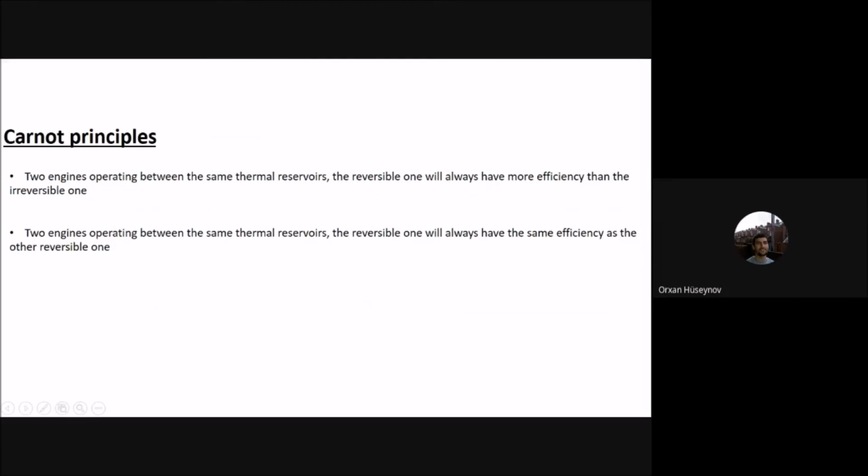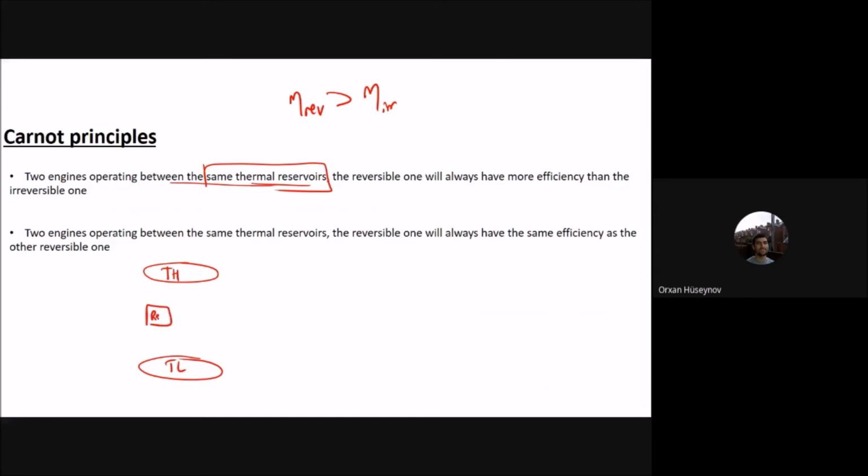Okay, there are two important results of the reversible processes. The one is that two engines operating between the same thermal reservoirs, this one is important, will not have the same efficiency. The reversible one will always be greater than the irreversible one. The second one says that if you have two engines between the same two reservoirs, with TH here and TL here, it doesn't matter whether you put reversible engine 1, reversible engine 2, or even reversible engine 3, whatever you put between these two thermal reservoirs, you have the same efficiency.